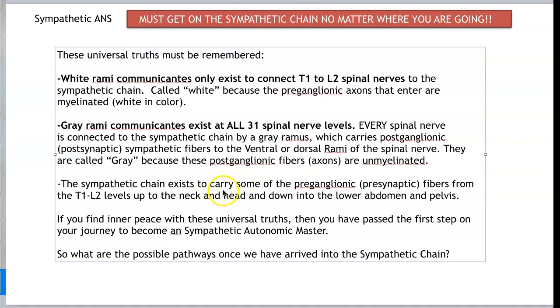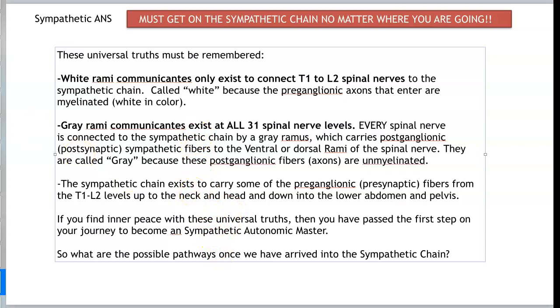The sympathetic chain exists to carry some of the preganglionic fibers from the T1 through L2 levels up to the neck in the cervical region, or you can take the elevator down into the lower sacral region.